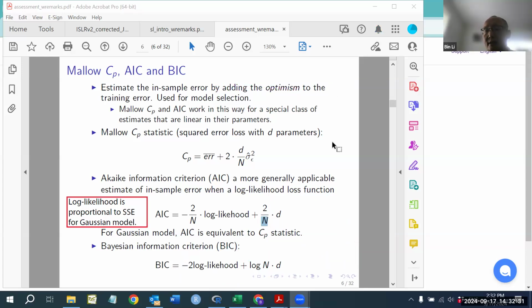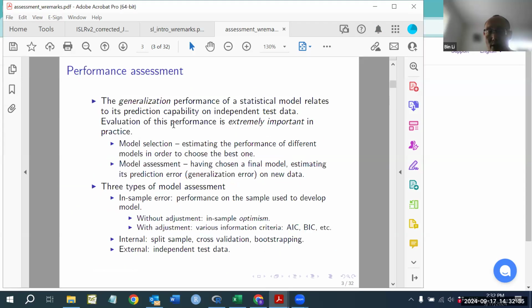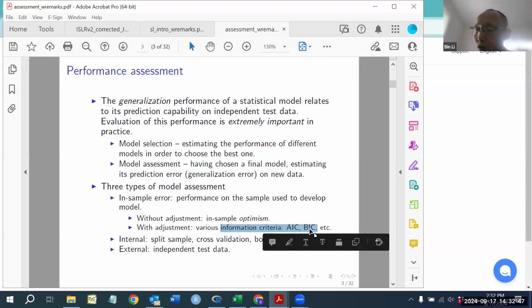All these criteria belong to the first one, the in-sample error approach. These are with adjustment. With this approach, we don't need to split the data into training and test. We just use all the sample to fit the model, but when we evaluate, we add some penalty. So that's the in-sample error approach.